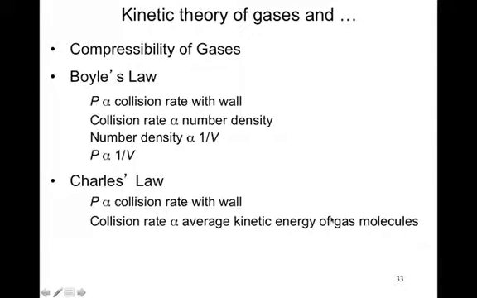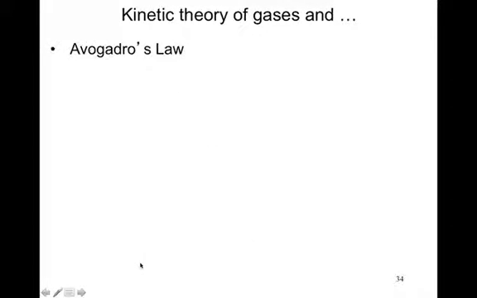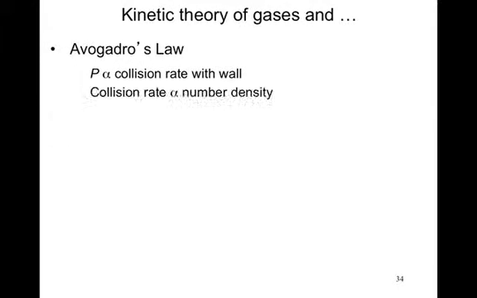Collision rates are proportional to average kinetic energy. Average kinetic energy is proportional to temperature, so then pressure is proportional to temperature. This is just showing us how kinetic theory helps us explain all of the gas laws we've learned. Avogadro's number: collision rates are proportional to density.